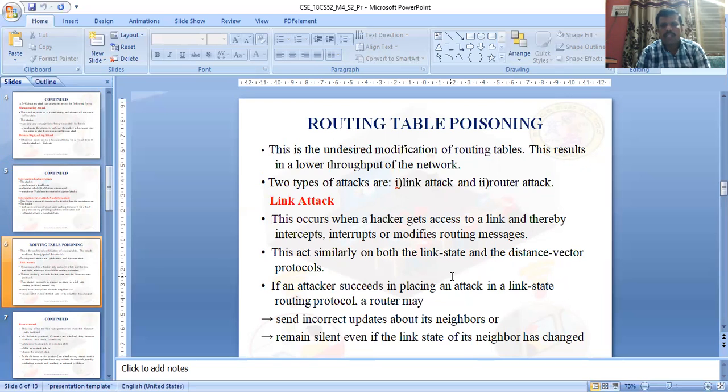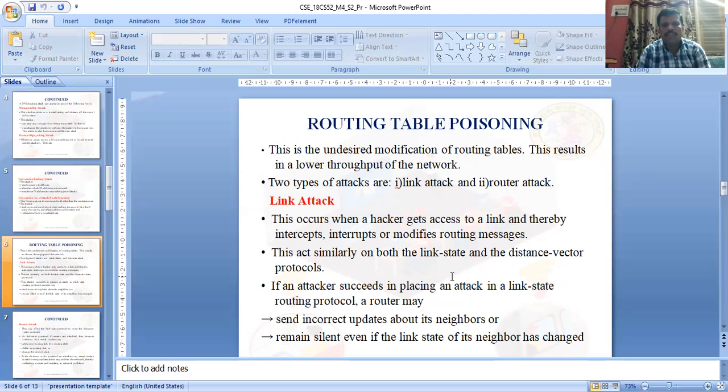That is what we call routing table poisoning. This results in lower throughput of the network, as the packets may not be processed at the rate they were sent, and the router cannot transfer the same rate of packets to the neighboring routers.